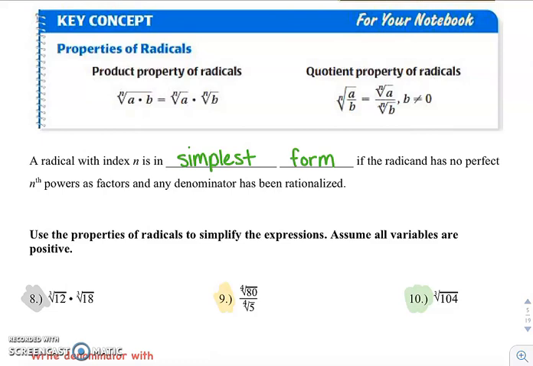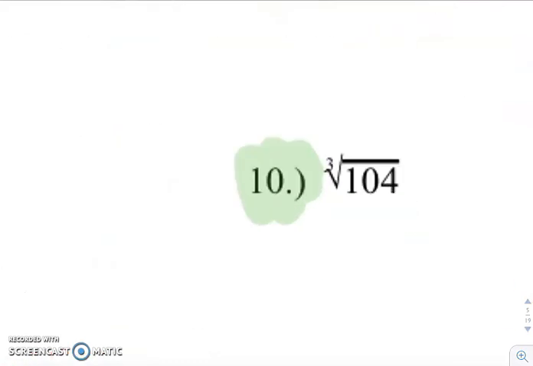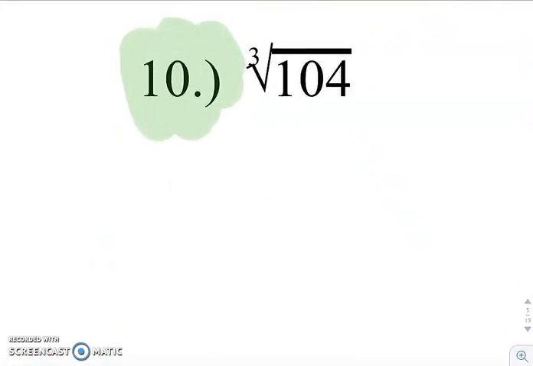But the process is still the same, and a radical still isn't in simplest form until there are no perfect nth powers of whatever that degree is left underneath. So let's look at number 10, the cube root of 104.